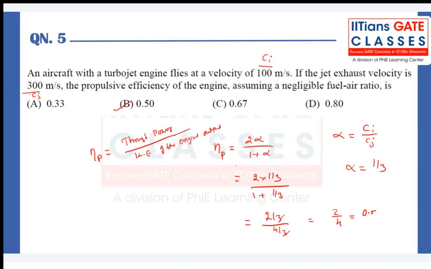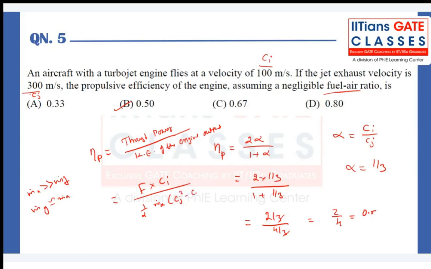Thrust power is nothing but thrust times the forward speed, divided by the kinetic energy, which can be written as half times m dot, assuming negligible fuel to air ratio. So I can safely take m dot of A much larger than m dot of F, so m dot of gas is nearly equal to m dot of A only. So I can write Cj square minus Ci square.